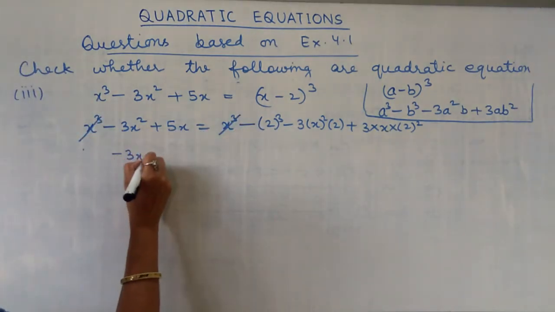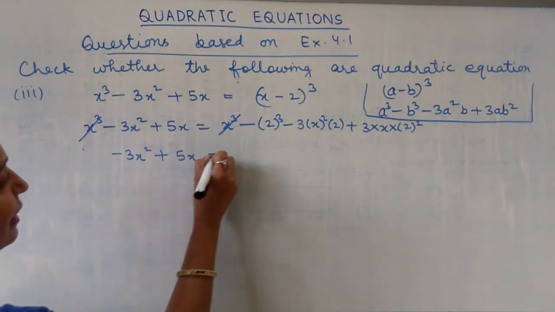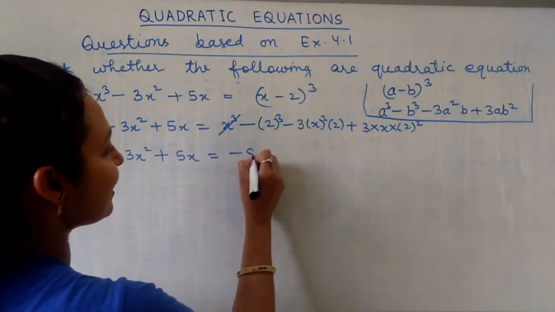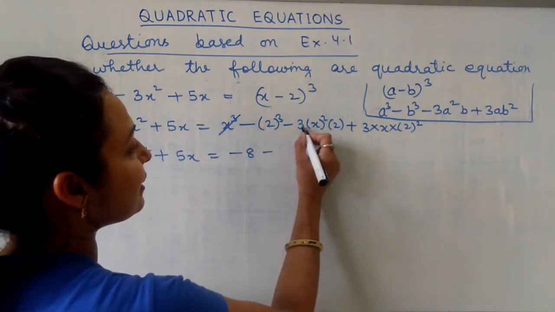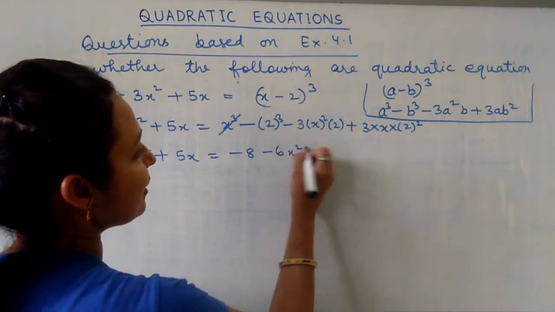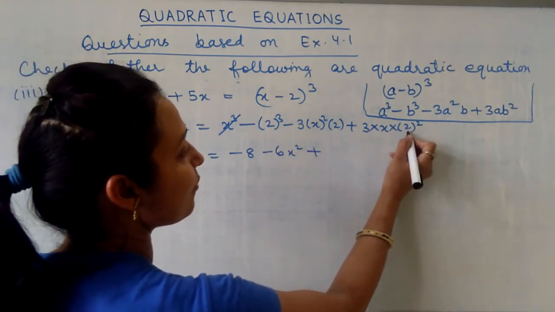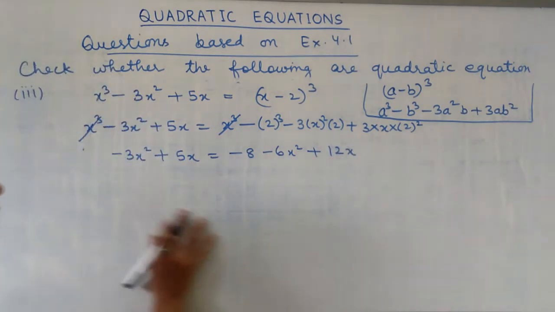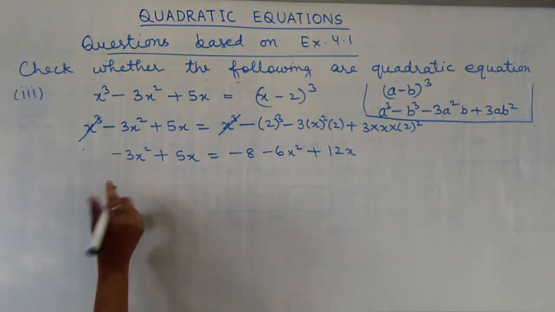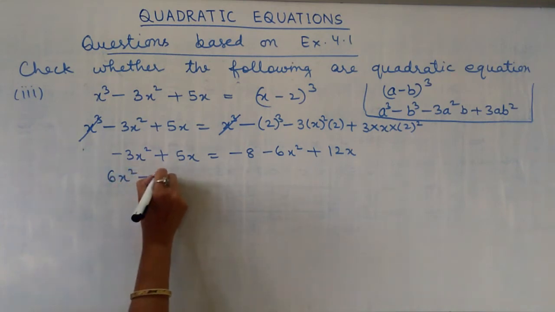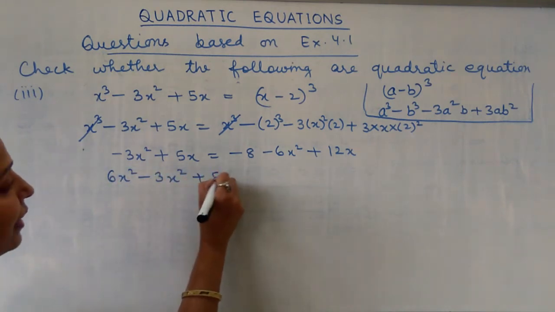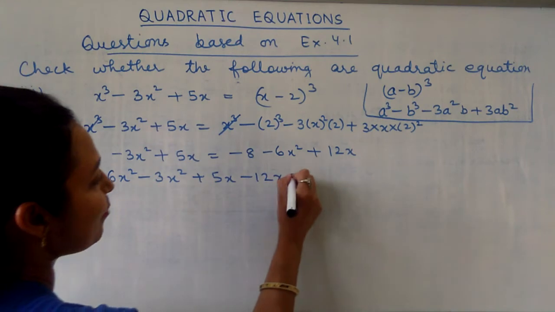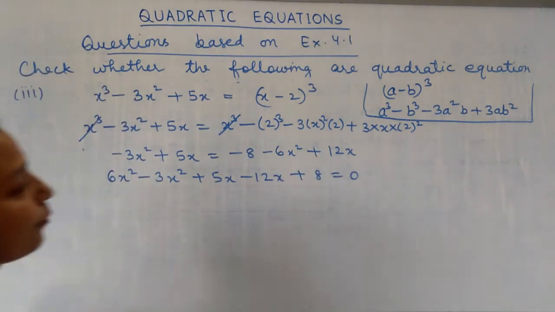We have minus 3x square plus 5x is equal to 8 minus 6x square plus 12x. I will take all these terms on the left hand side. 6x square minus 3x square plus 5x minus 12x plus 8 is equal to 0.